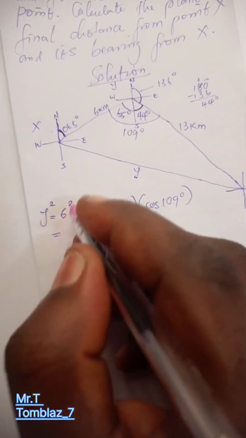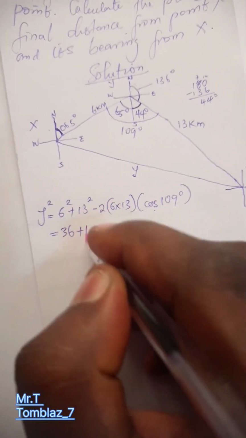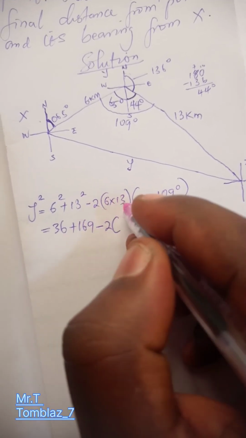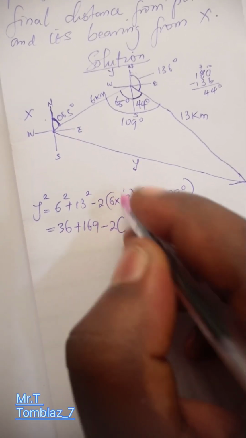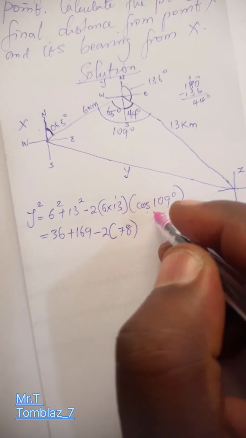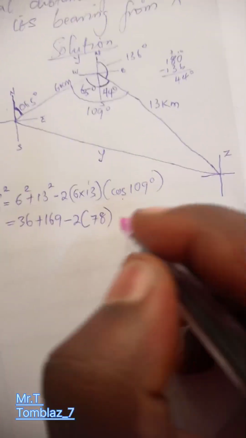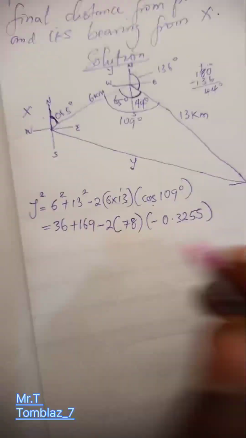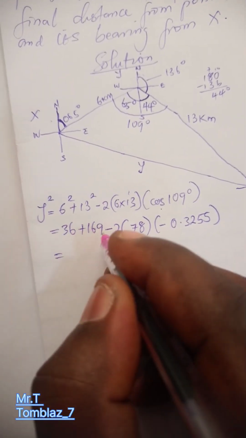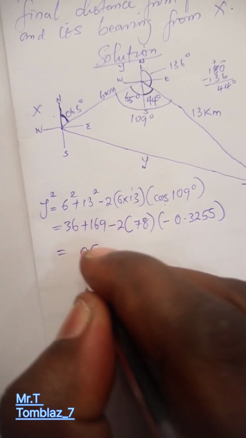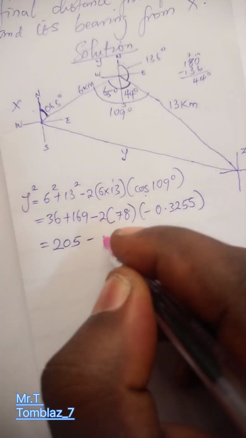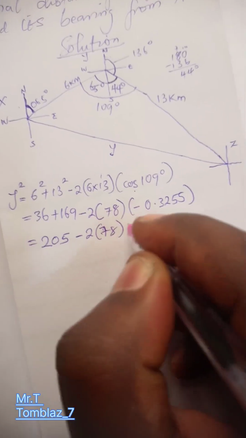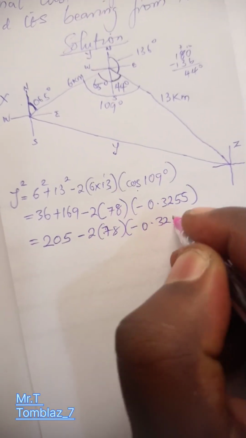So 6 squared is 36, 13 squared is 169, minus 2 times 6 times 13, which is 156. Then let's look for cos 109. Cos 109 will give you approximately minus 0.3255. So this plus this gives 205, then minus 2 times 78 times minus 0.3255.